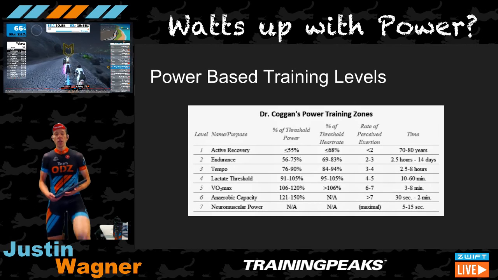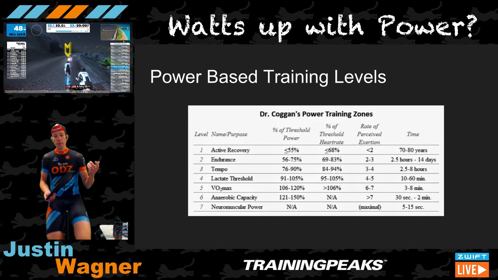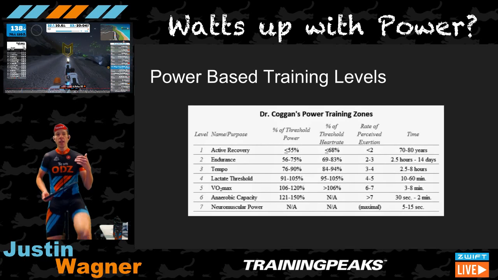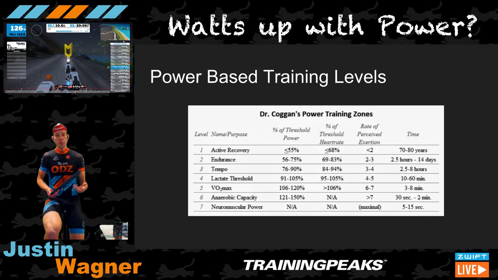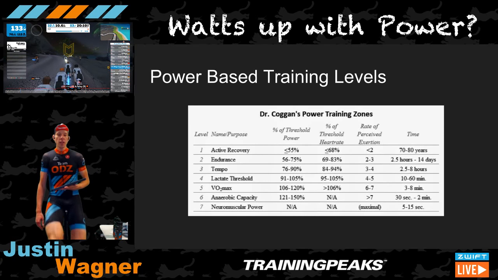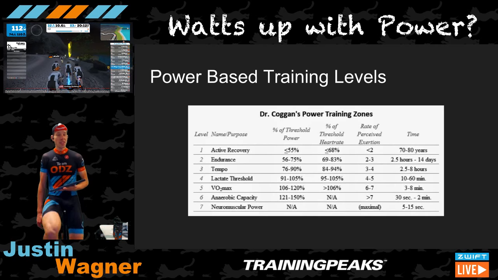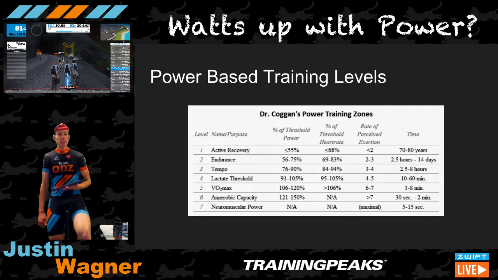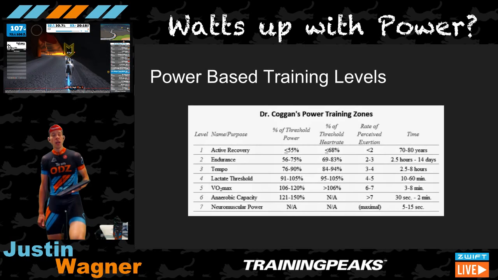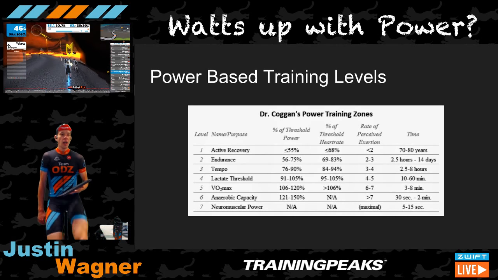Now, some software gets a bit fancier than that because these zones can change for different people because of the different strengths of your power curve. This is where WKO4 introduces a concept called individualized power levels, and it gets a little bit more specific.